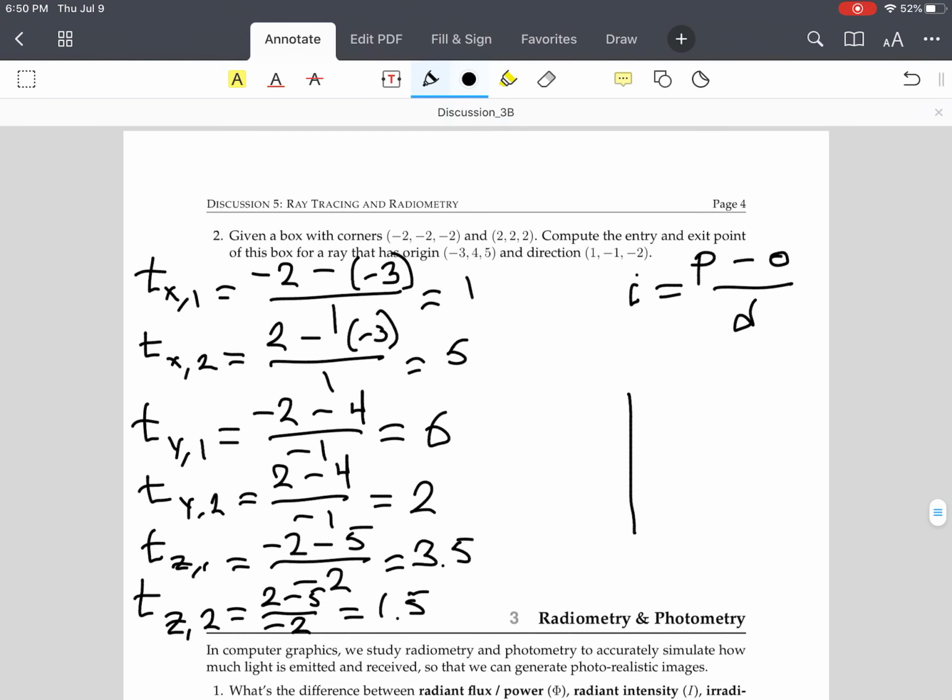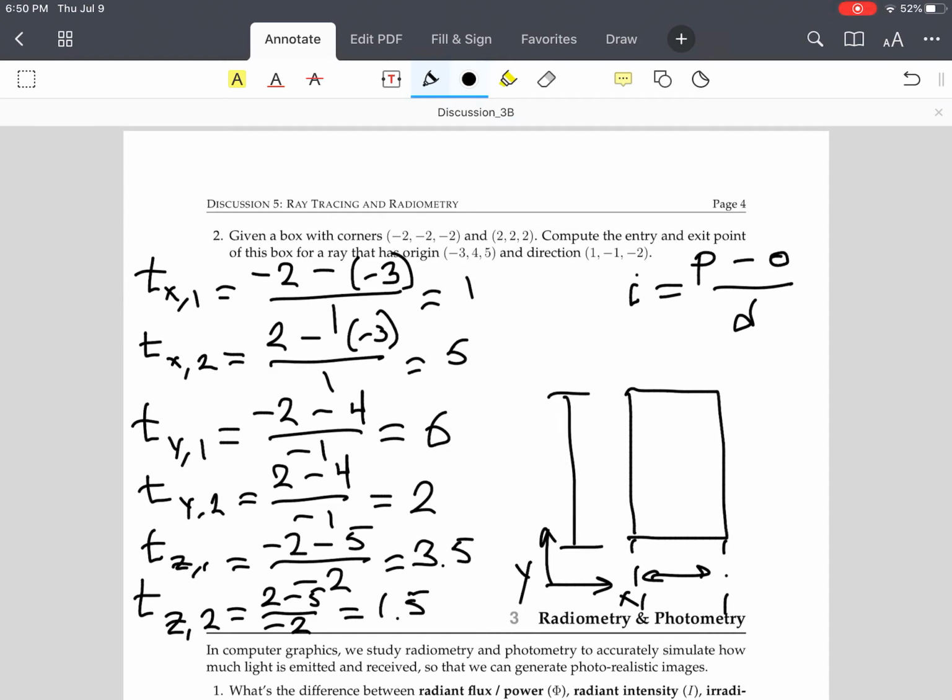Let's say this is the box, and this is x, and that's y, right? So from here to here, all this region, we're within the box in the x direction. And from here to here, we're within the box in the y direction, right?